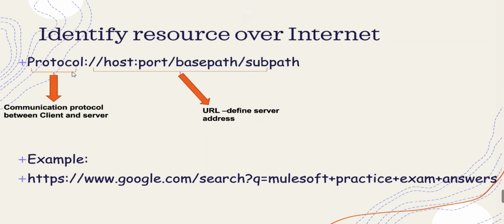What is a protocol? A protocol is nothing but a set of rules given by the internet. It is a communication protocol connecting the client and server, and those sets of rules are the protocol. Like the protocols HTTP and HTTPS. I have given an example here also: HTTPS is a secure protocol, and you can give HTTP also. Then after that, host and port.